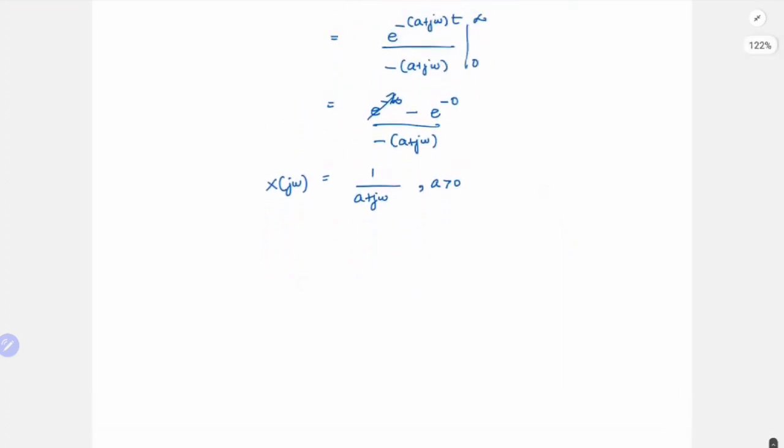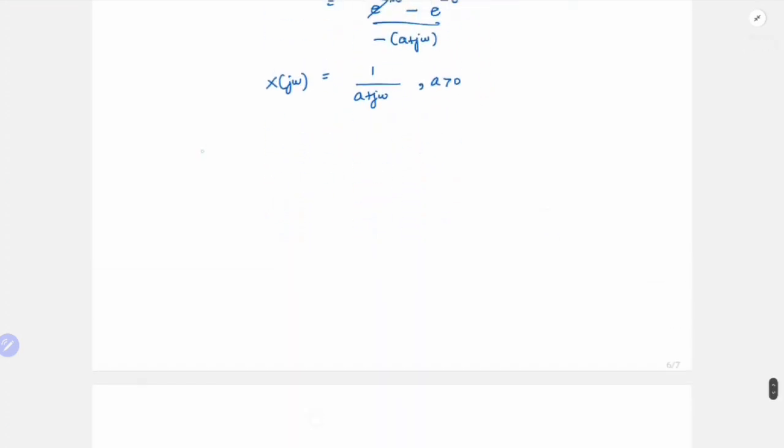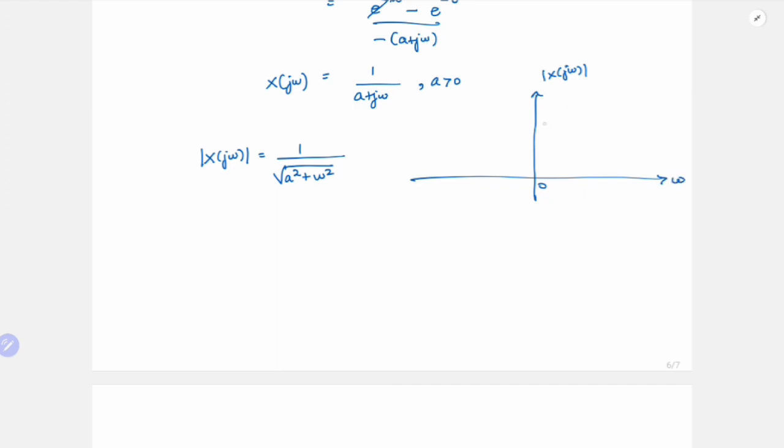So now I can plot the magnitude and phase spectrum of this. Mod of X of j omega is nothing but 1 by square root of a square plus omega square, right? And how will it look? At omega equal to 0, it is 1 by a. And as omega tends to infinity, this also goes to 0.